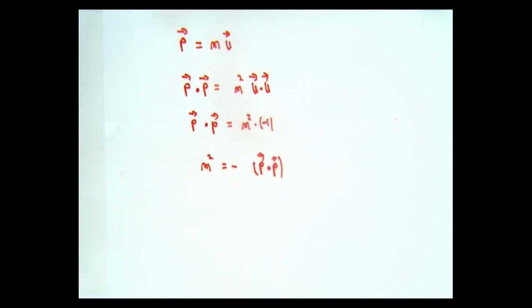So if you just tell me the momentum as a vector in special relativity, you have automatically told me the rest mass also. But wait, it gets worse.